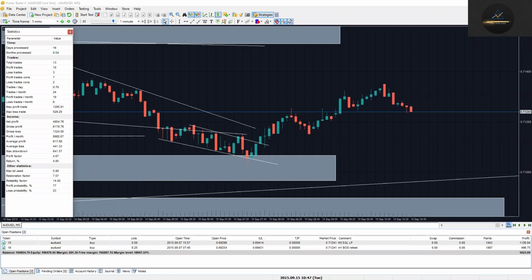So simulations are not easy, but I do think that a simulation is the next step after backtesting. And with backtesting, there are different levels as well.